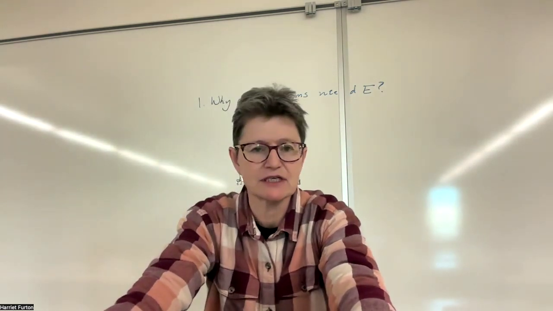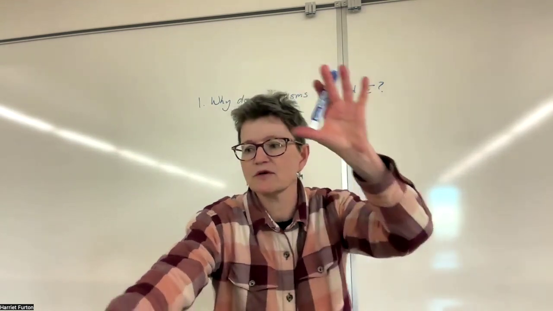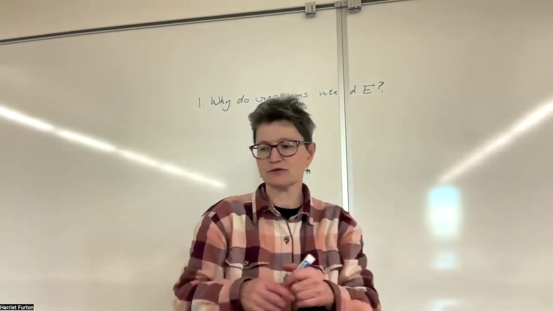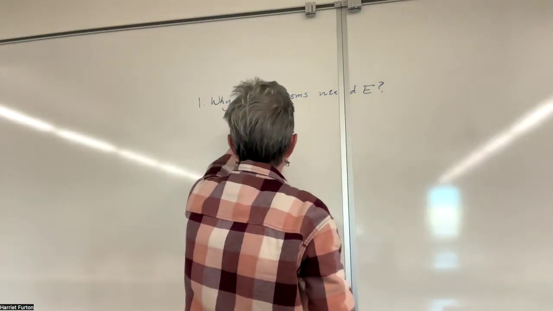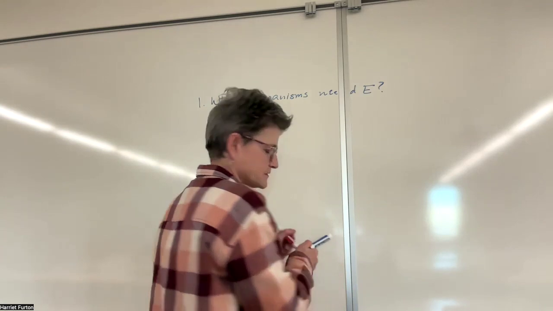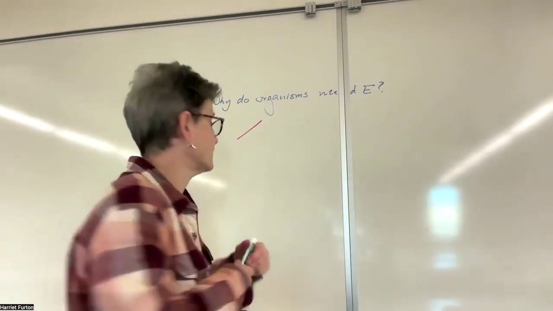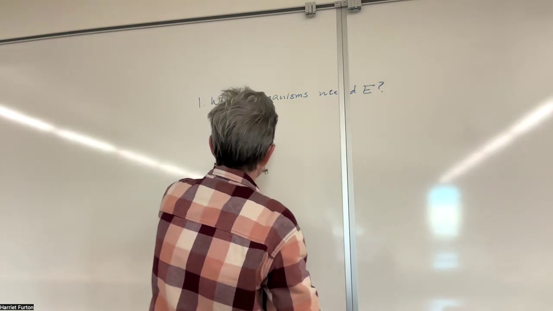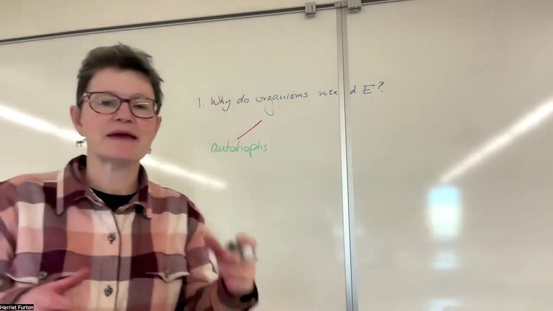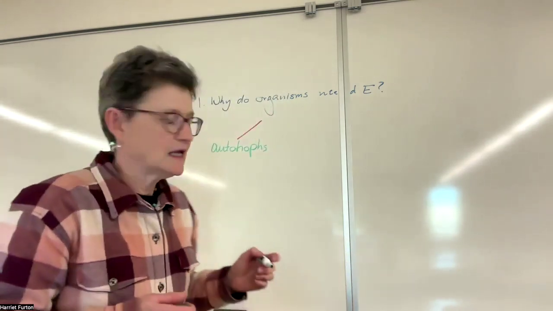Let's divide the organisms into autotroph and heterotroph organisms. Let's start with the autotrophs. Autotrophs are the ones that can make their own food.